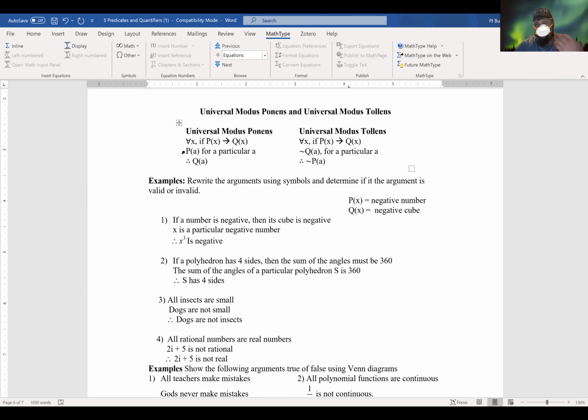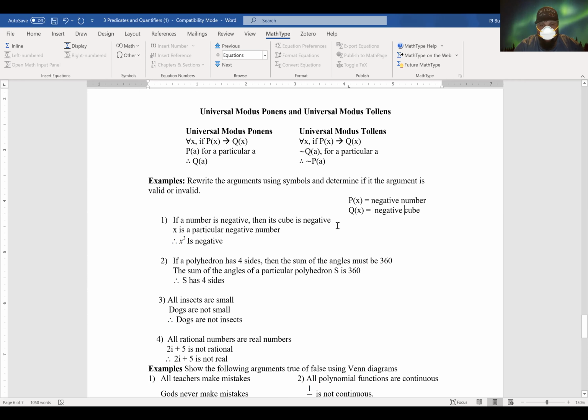Some integers, rationals, irrationals, whatever. So the next part says, okay, I'm going to pick a particular one and plug it in. So that's why this says X is a particular negative number. Therefore, X cubed is negative.